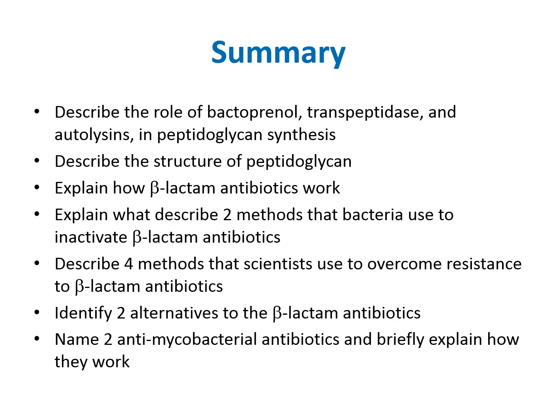We also talked about 4 methods that scientists use to overcome resistance to beta-lactam antibiotics. We looked at, for example, the production of clavulanic acid and packaging that with penicillin drugs. Remember, clavulanic acid binds beta-lactamase enzymes and inactivates them so that the penicillin can do its job. We said another option would be to strip all of the chemistry away from the beta-lactam ring.